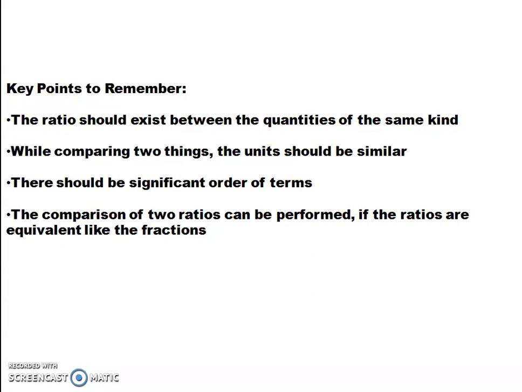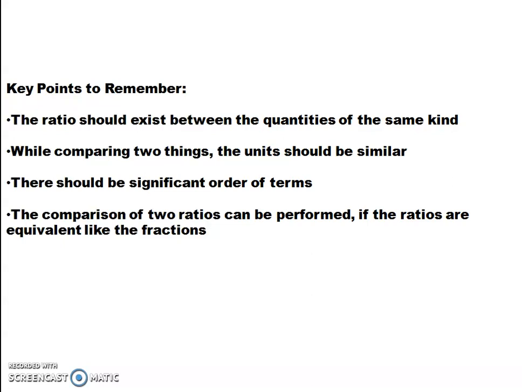When you compare two ratios, it should be equal like equivalent fractions. When we used to compare fractions, do you remember how you did that? You converted the denominators to the same, that is, you converted them to like fractions and then compared. The same rule is applicable for ratios.